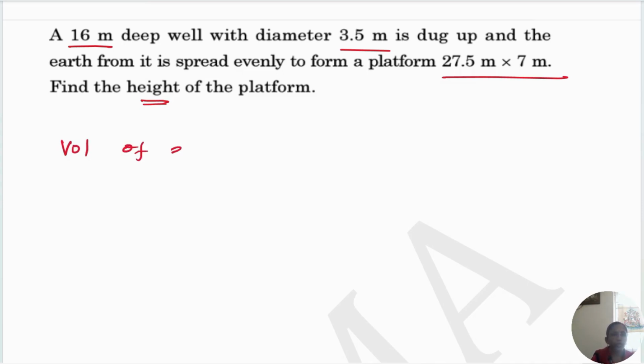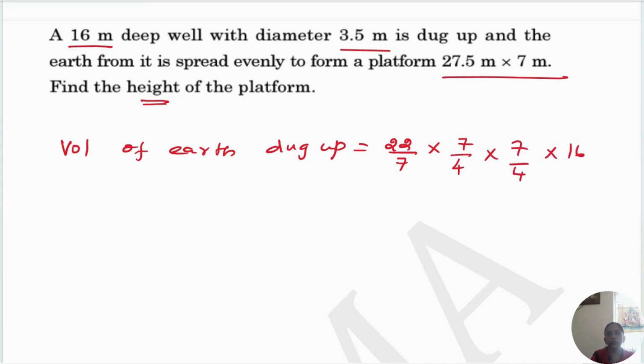So volume of earth dug up is equal to 22 by 7 into, here the diameter is 3.5, so I can write the radius as 7 by 4, 7 by 4, and the depth is 16 meters. So height 16. If you calculate, this will be 154 meter cube, all in meters.